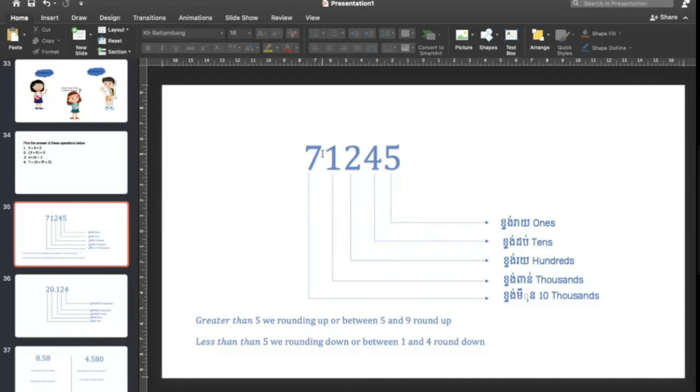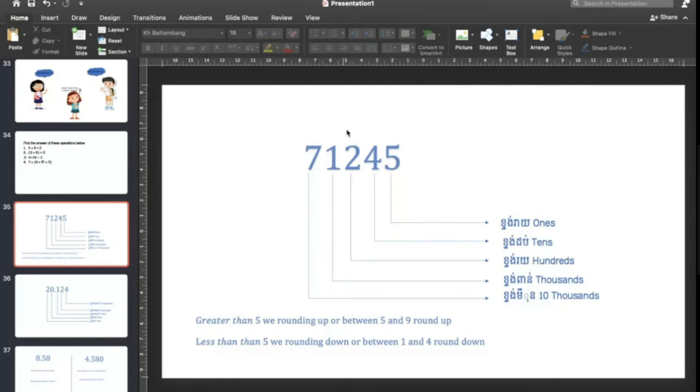So we look at number 2 next to it. Do we round up or down? Round up, right? So what is the answer? 71,000. Yes, this is how we round integer numbers. Any question for this one?